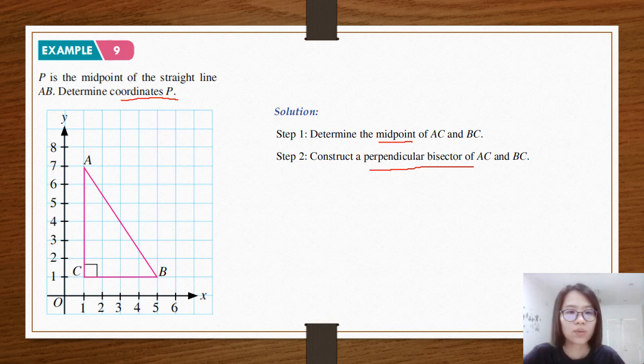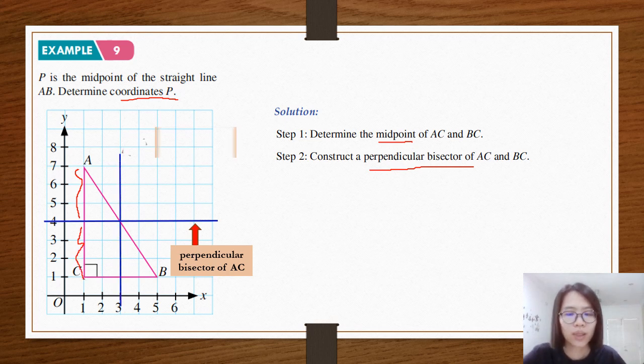Now we look at the diagram. The first blue line is the perpendicular bisector of AC. This perpendicular bisector divides the line AC into 2 equal parts, which is 3 units each part.